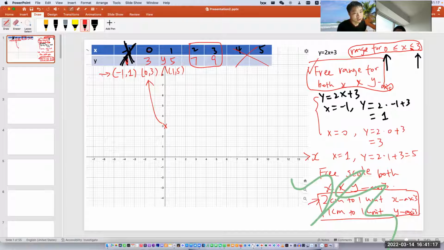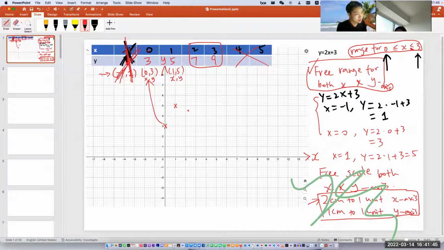Since I'm doing for this range 0 to 3, I cannot take this point. So 1 and 5, this one. X comes first, y comes later. So when you put 0, 3, 0 refers to the x value and 3 refers to the y value.